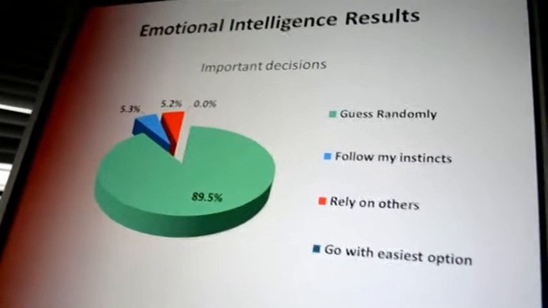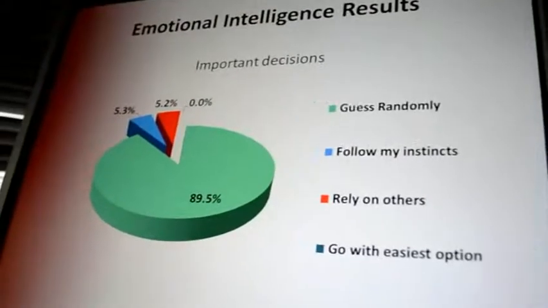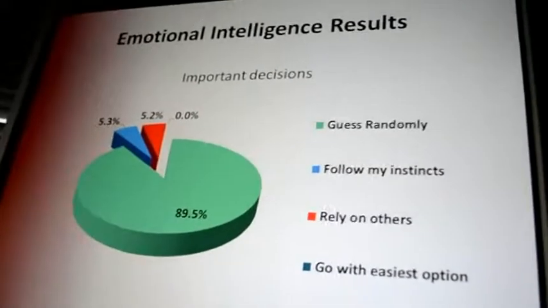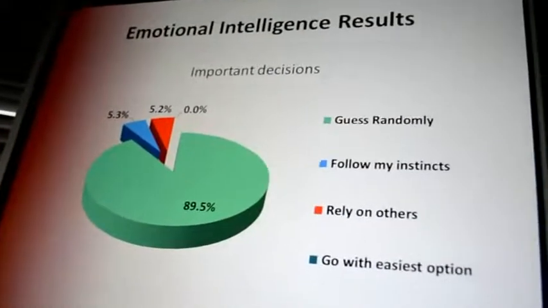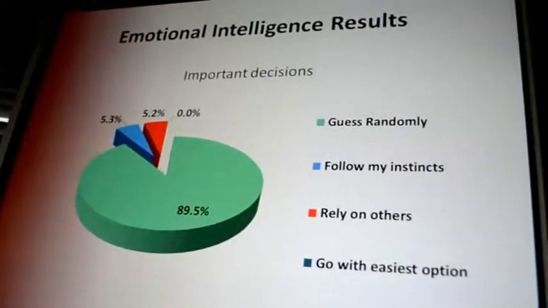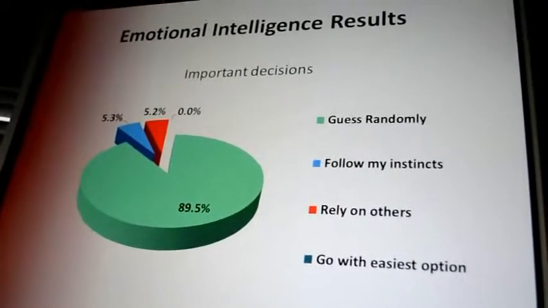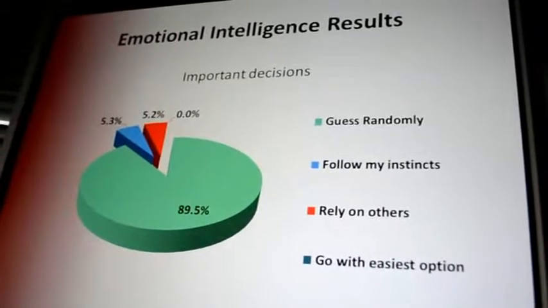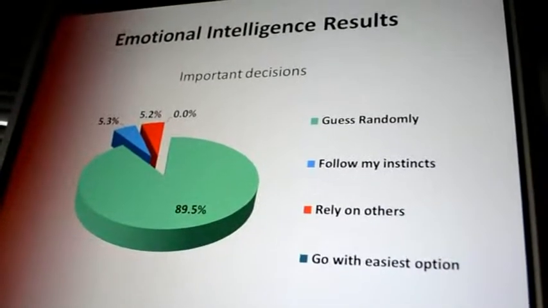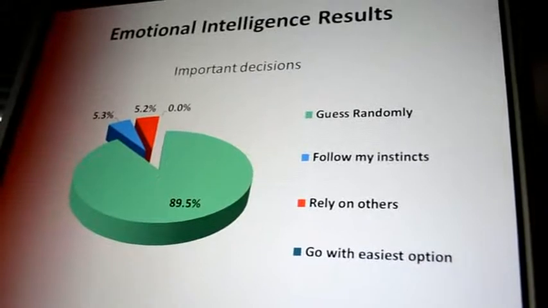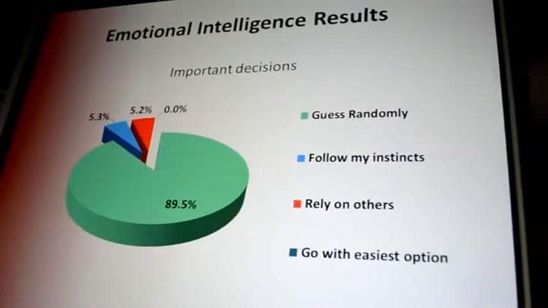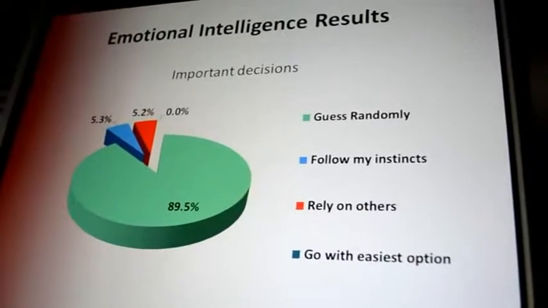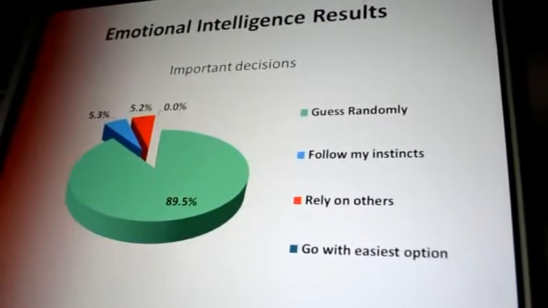Emotional intelligence results. The graph shows the emotional intelligence results on important decisions. The majority of the respondents, 89.5%, preferred to guess randomly, whereas 5.3% followed their instincts and 5.2% relied on direction from others. Emotional intelligence is the ability to manage feelings and relationships, and self-awareness is an important component of emotional intelligence, which is subjective.